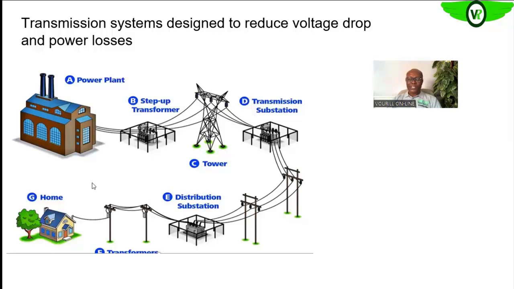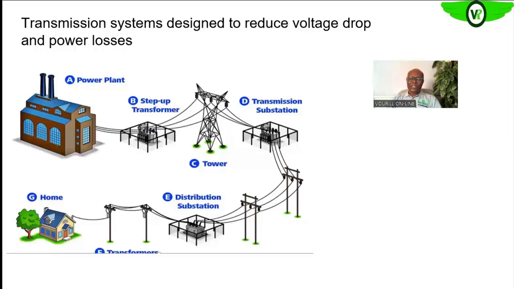So you will see that at every point of changing the voltage from one level to another, we have substations, okay? And the primary or principal equipment in those substations are the transformers and the switchgears, okay?